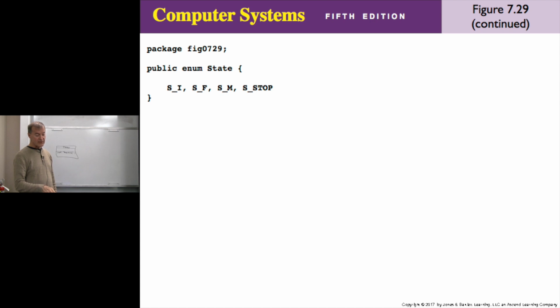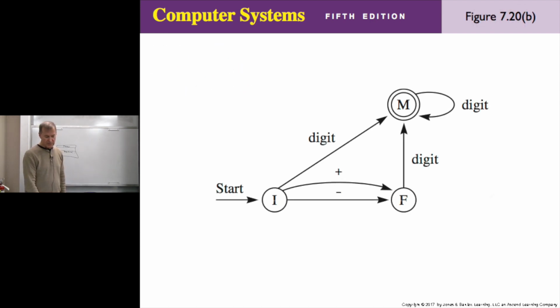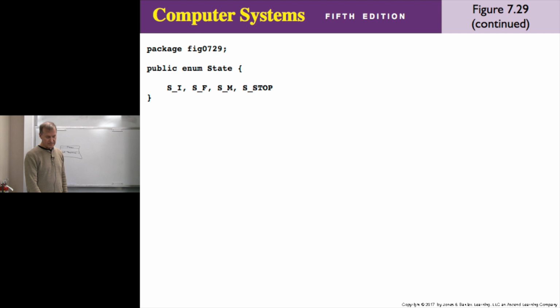SI, SF, SM, but now we have another one called what? Stop. If we go back and look at our finite state machine in figure 7.20, we have an I and an F and an M, but when you do the direct code implementation, you have to add an extra one called stop. Are you with me? That's just something in the direct code technique, to control when you stop the loop. Okay, is everybody clear?